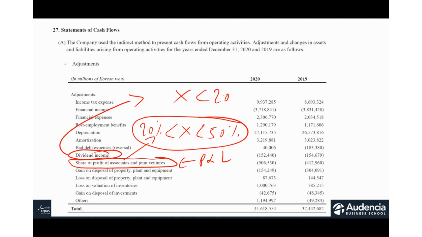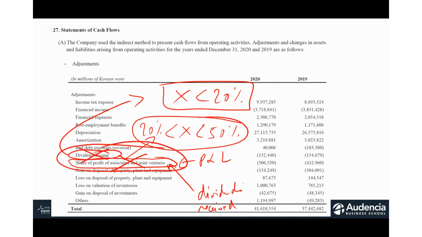So when you own less than 20% of the company, you put the dividends in your P&L. If you own between 20 and 50%, it's not the dividends in your P&L, it's the share of profit of associates. But what you want is not the share of profit, so you eliminate this one and replace it by the dividends received. So you need to eliminate the dividend income and the share of profit. You replace all this by the dividends received in terms of cash.